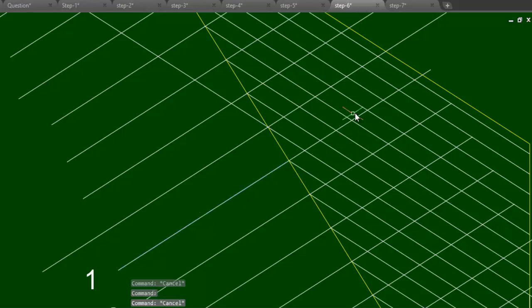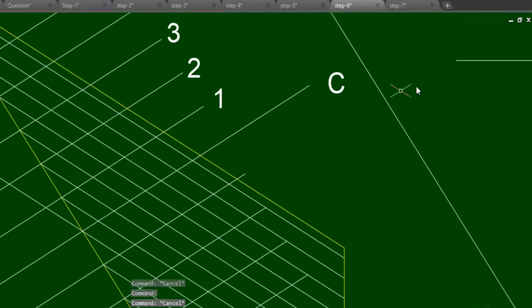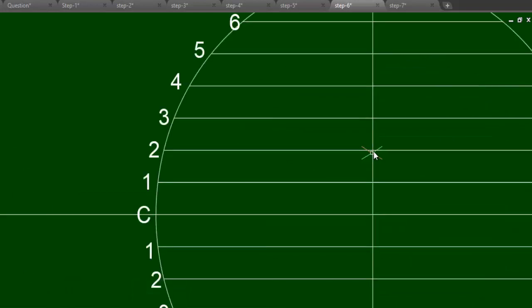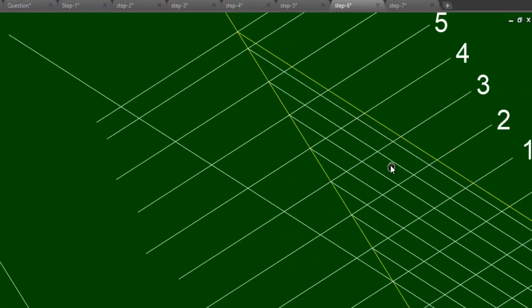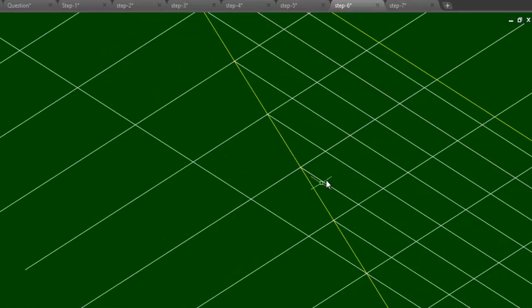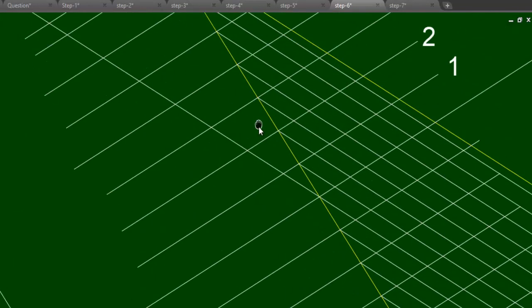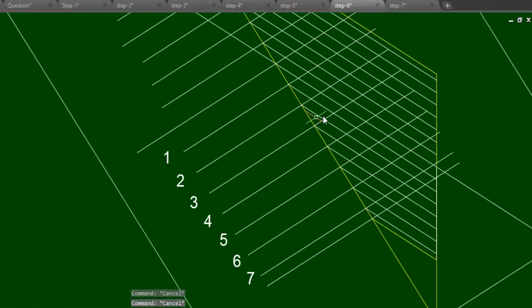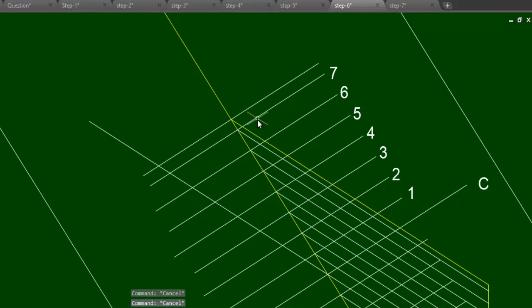Then go to the next line, that is the second line, take the compass, measure this length, then go to the second line here, keep the compass here and cut on both the sides for this line as well as for this line. Like this you have to progress up to line 7.